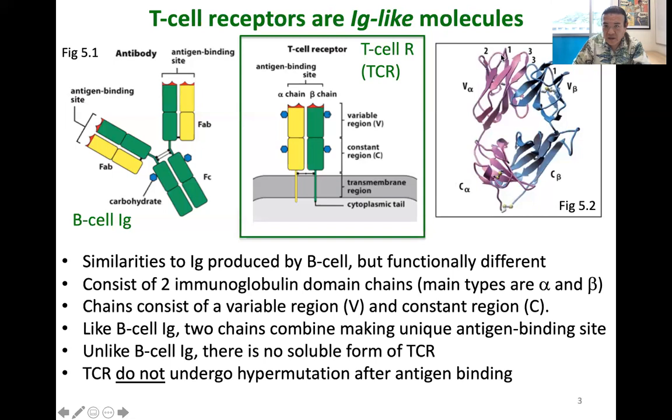And then up here, you can see it's the contribution of these three loops from each chain that makes the unique three-dimensional surface on top here that some molecule will hopefully interact with. And the T cell that carries this receptor will then recognize the presence of that molecule.